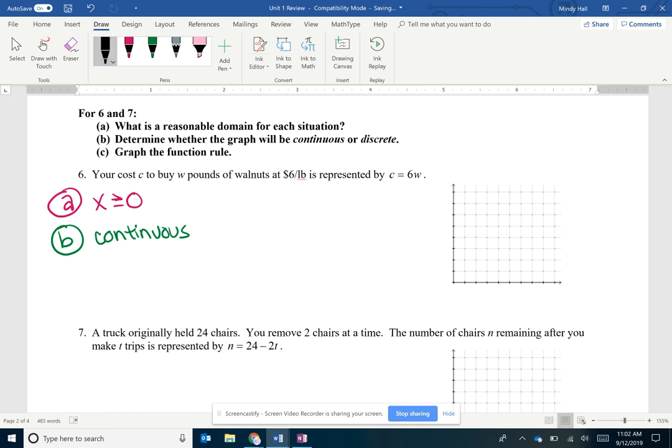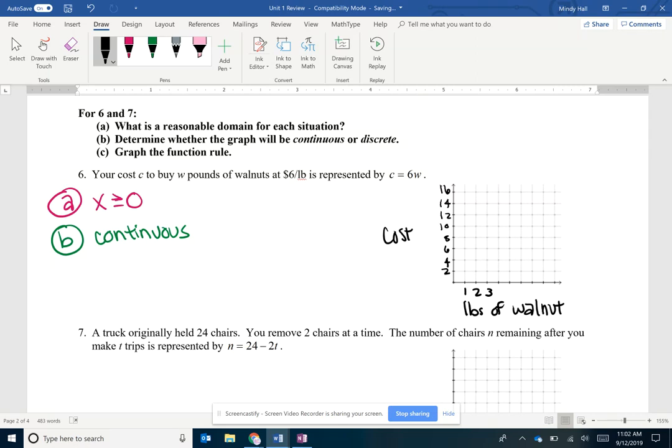So then, to actually graph it, we are going to have pounds of walnuts as our independent and our cost as our dependent. So if I'm graphing this, if I buy 0 pounds of walnuts, and we'll count by 2s, 6, 8, 10, 12, 14, 16.